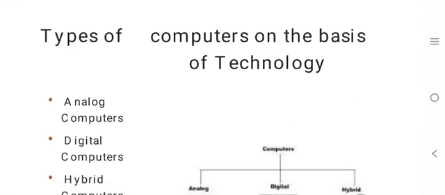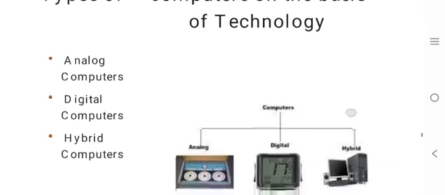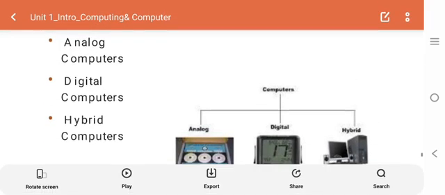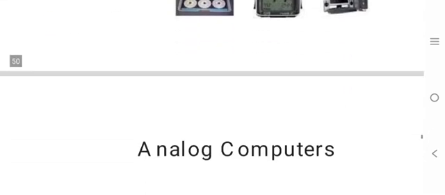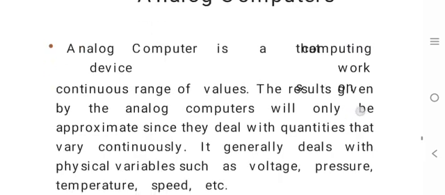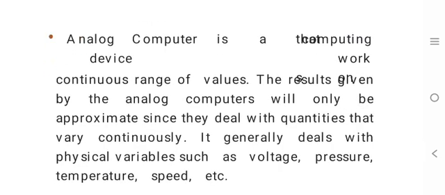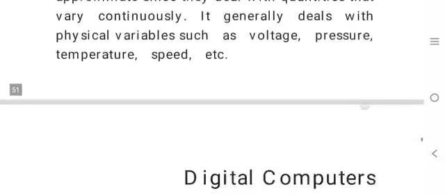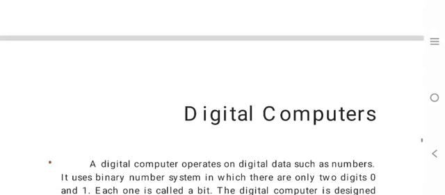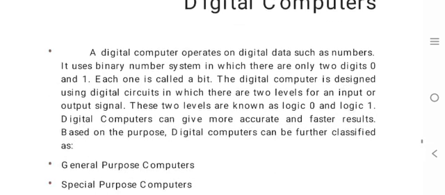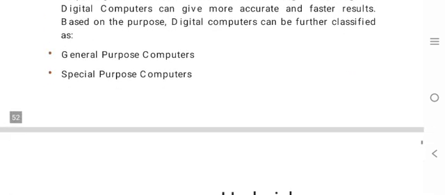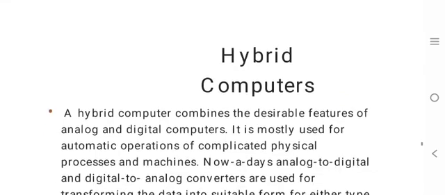By technology, we have analog, digital, and hybrid computers. An analog computer works with continuous data, a digital computer works with binary data, which is represented by zeros and ones, and a hybrid computer uses the features of both analog and digital.